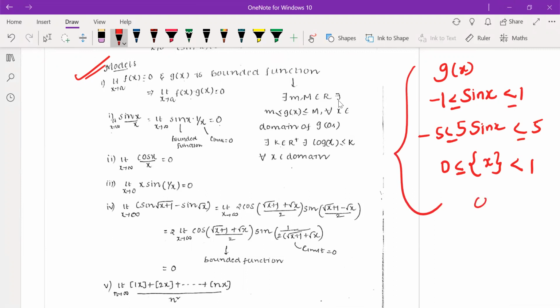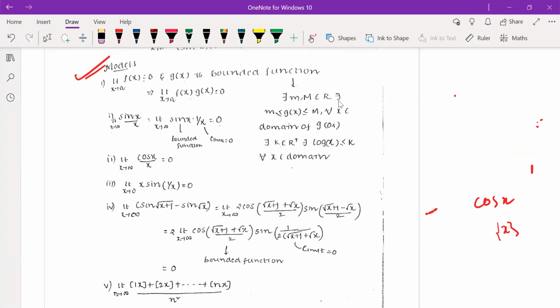Yeah, we can take many examples like cos x. Cos x is bounded, tan x is not bounded. Next, the fractional part is bounded. Limit x tends to a, when g of x is bounded, limit x tends to a f of x into g of x.